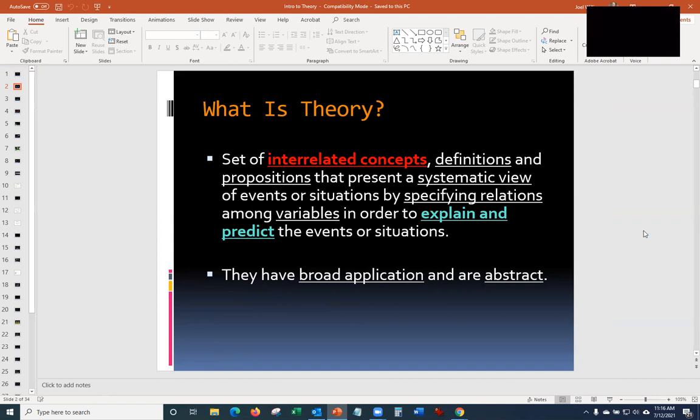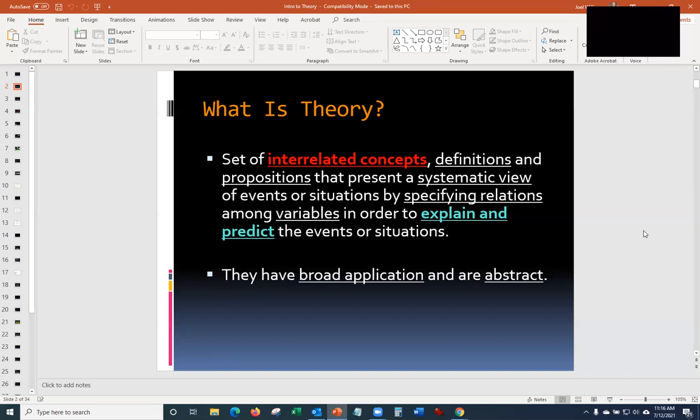One of the things that you're going to see when we look at an image of theory and the components of theory, you're going to see these boxes and arrows, and that's what we mean by specifying relations among variables. The purpose of theory is to explain and or predict behavior. That is our reason for using theory.